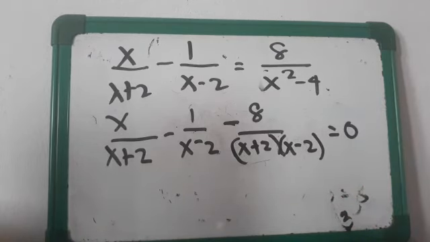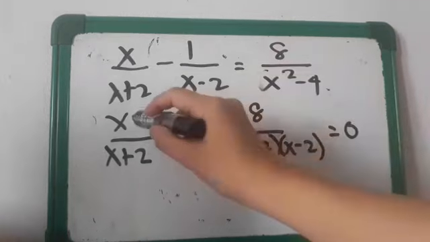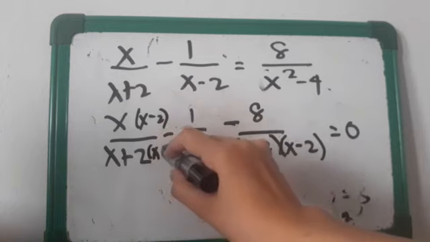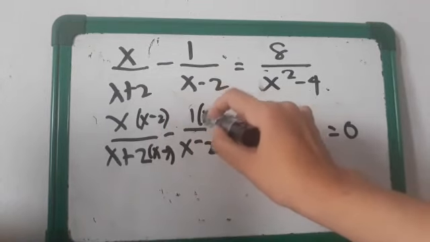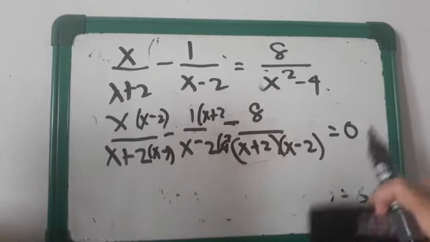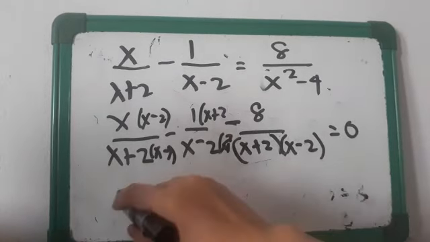Ano ang next step? Siyempre, pag nag-a-add tayo ng fractions, or nagsusubtract ng fractions, ang una nating chine-check yung denominator kung pare-pareho siya. Since ito, hindi pare-pareho, anong gagawin natin para magpare-pareho? Dito, mag-multiply tayo ng x minus 2. Siyempre, sa baba din. Tapos dito, mag-multiply tayo ng x plus 2. So, siyempre, sa baba din. So, ayun na.